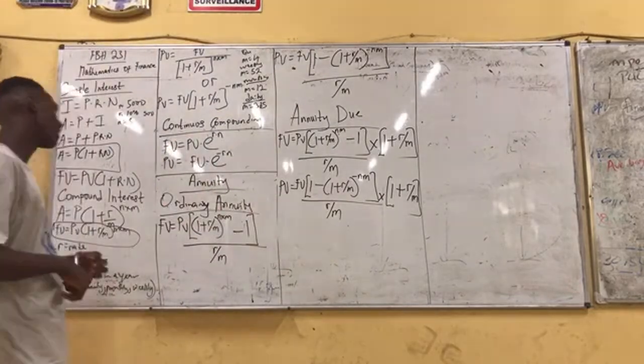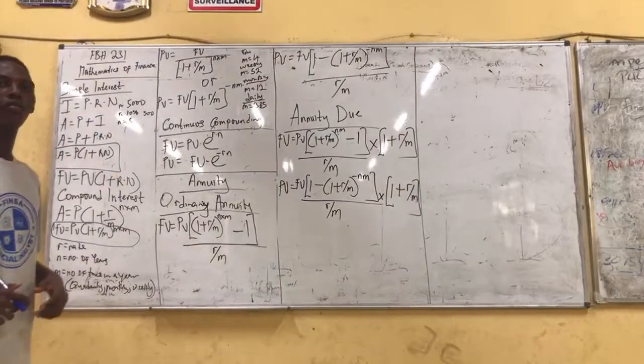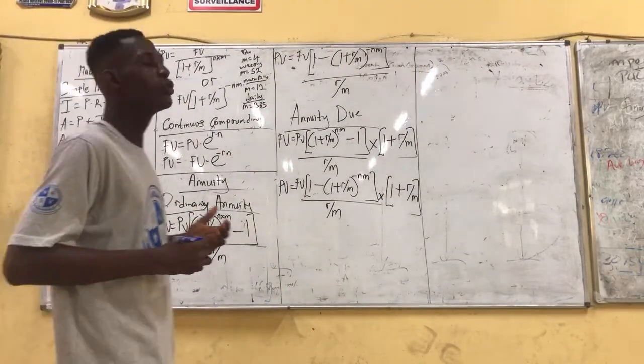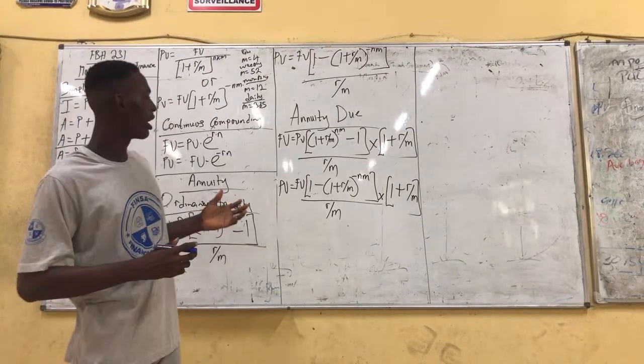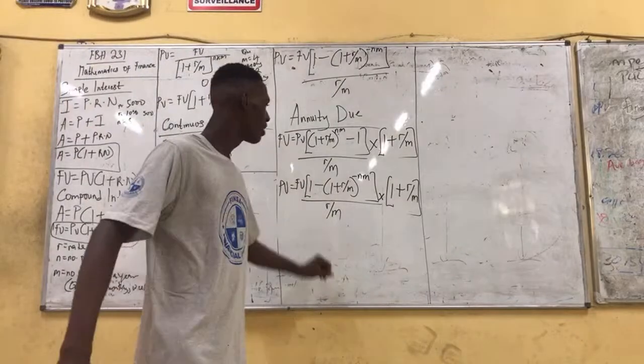So these are the formulas that you need to know for now in mathematics of finance for this level, unless you eventually move to the next stage. But for now, just know this formula is good to go. Alright, take this down.